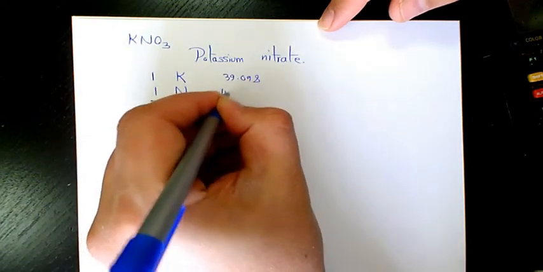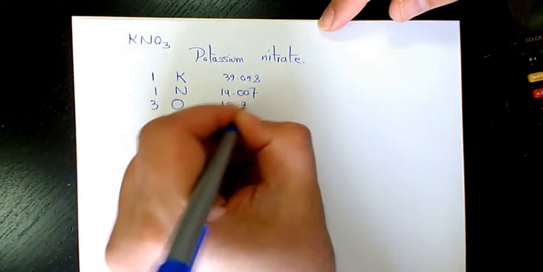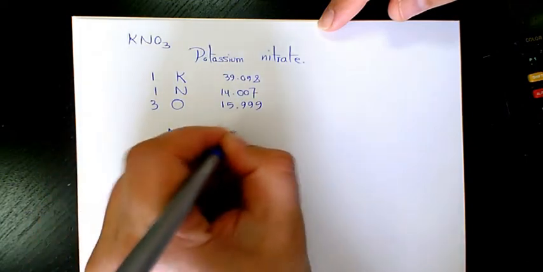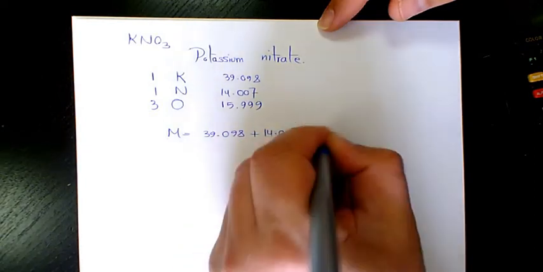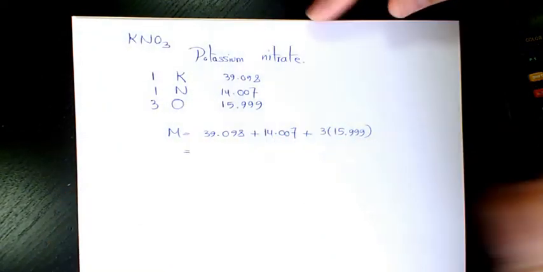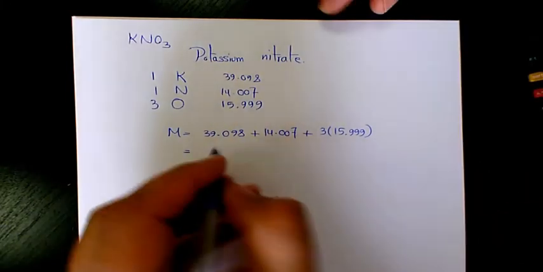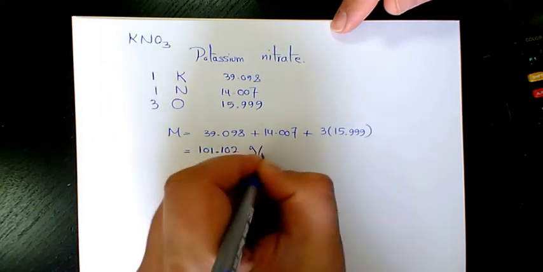Nitrogen is 14.007 and oxygen is 15.999. That's going to be 39.098 plus 14.007 plus 3 times 15.999. It's going to give me 101.102 grams per mole.